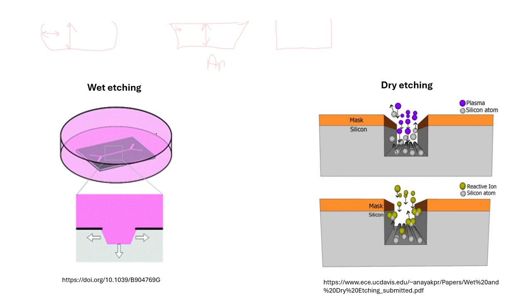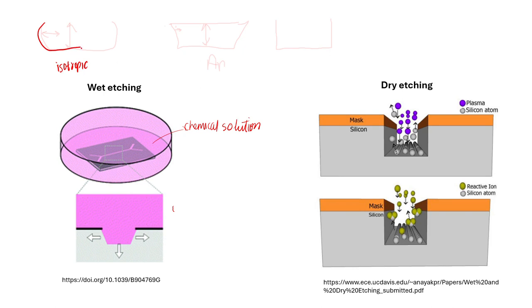In wet etching, we dip the substrate in a chemical solution, and the etching happens depending on the chemistry of whatever chemical we are using. Do you know what isotropic and anisotropic are?